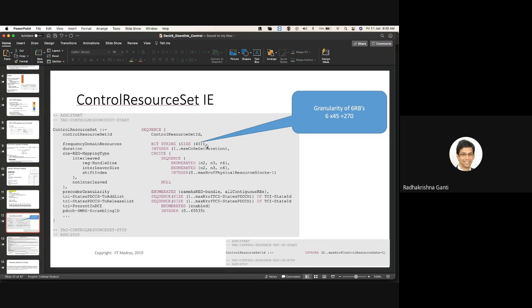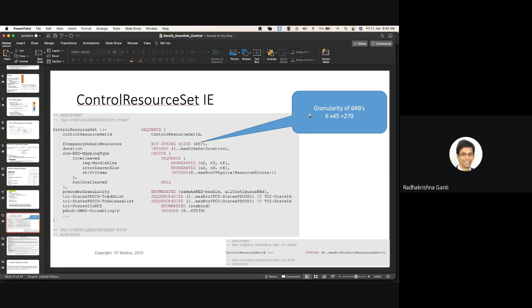So what does this 45 mean? Every 6 RBs, they put a 1 if those 6 RBs are present in the CORESET. If not, they make it 0.